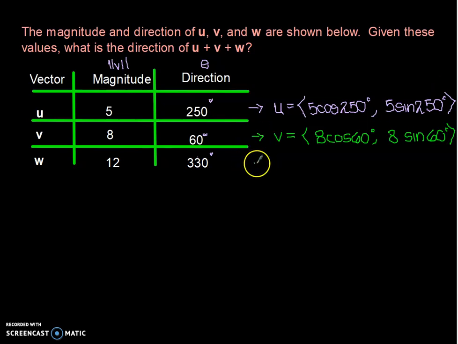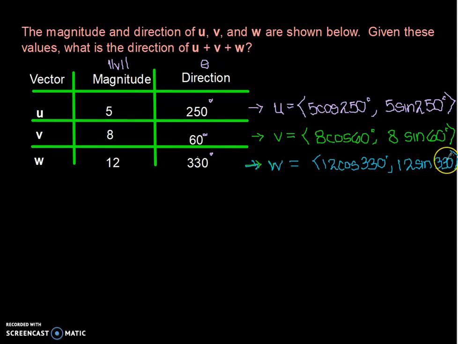And finally, given vector w, I have 12 times cosine of 330 and 12 times the sine of 330.